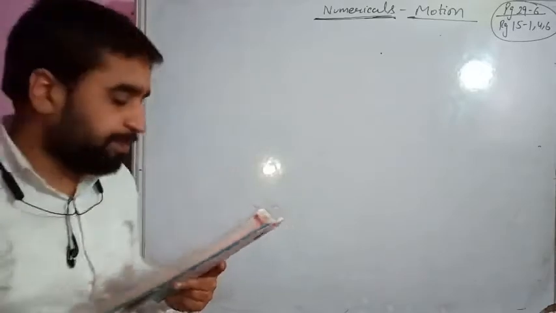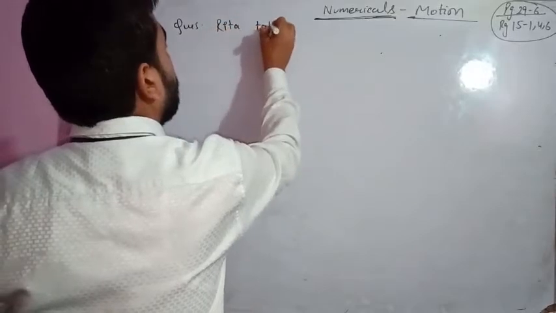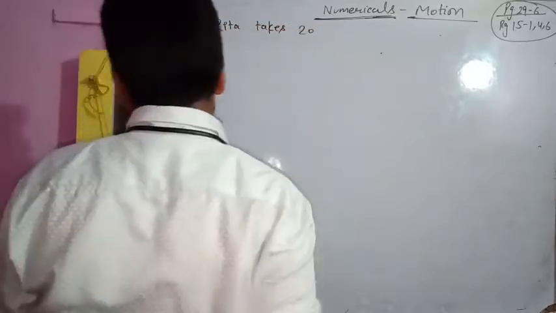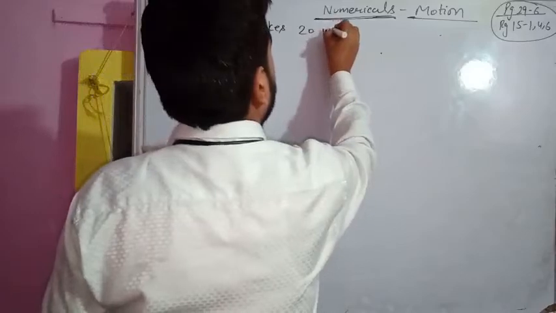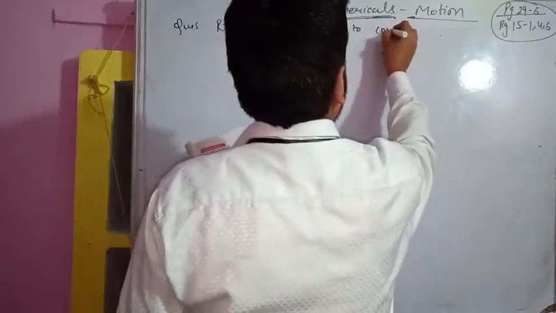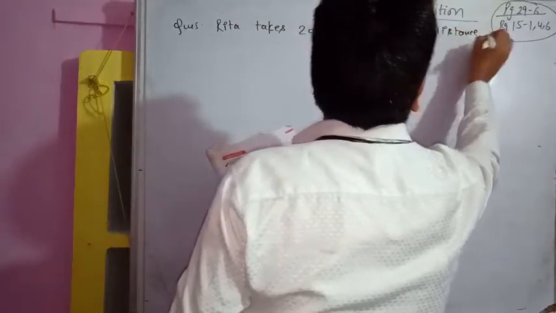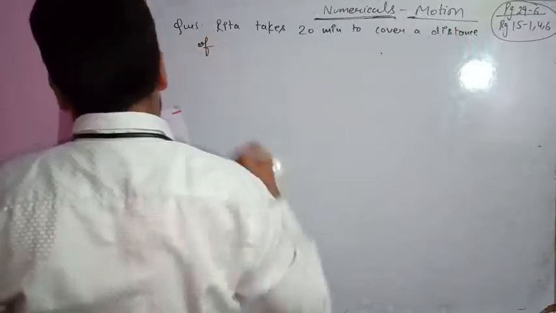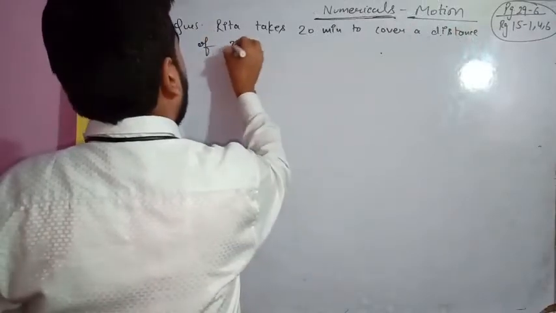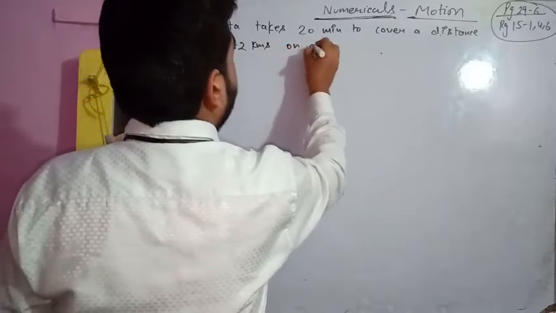I will write the questions so that you will be able to understand the question as well as the solution. So the very first question which I am going to explain: Rita takes 20 minutes to cover a distance of 3.2 kilometers on a bicycle.